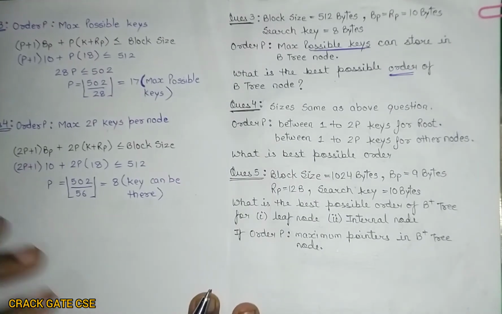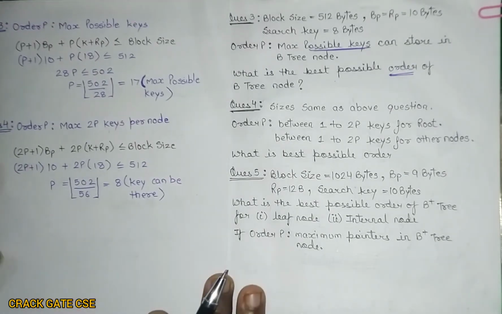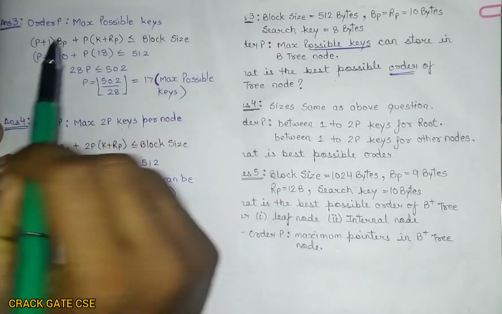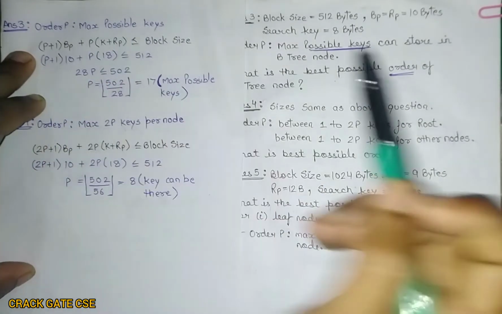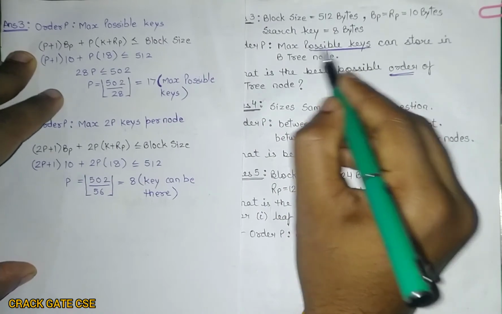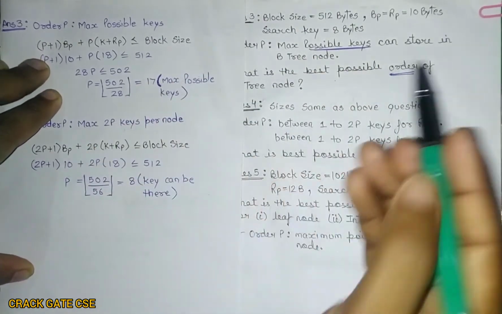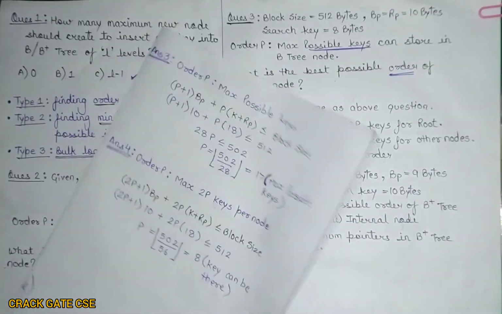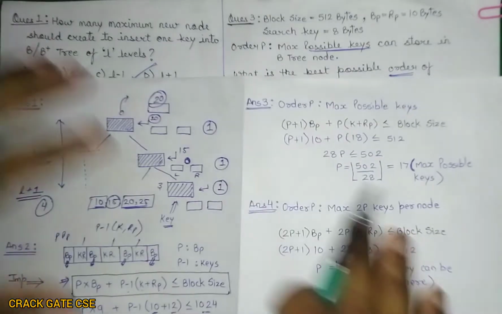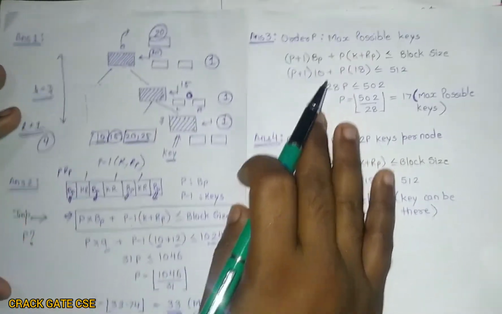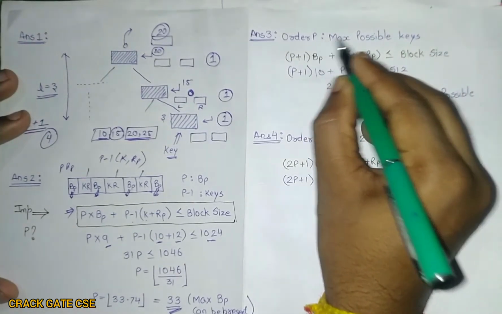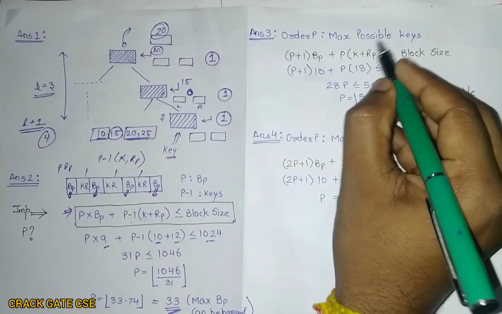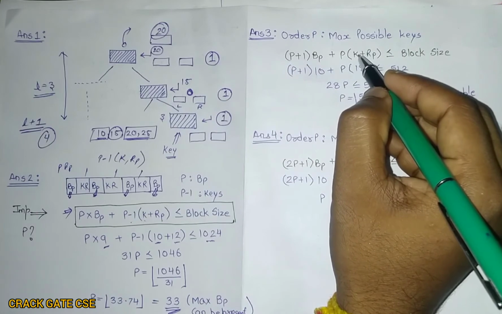Order P is nothing but the maximum possible keys. So what is the maximum possible keys? P. We understood this formula, and if P is the maximum possible keys, then how many block pointers can there be?